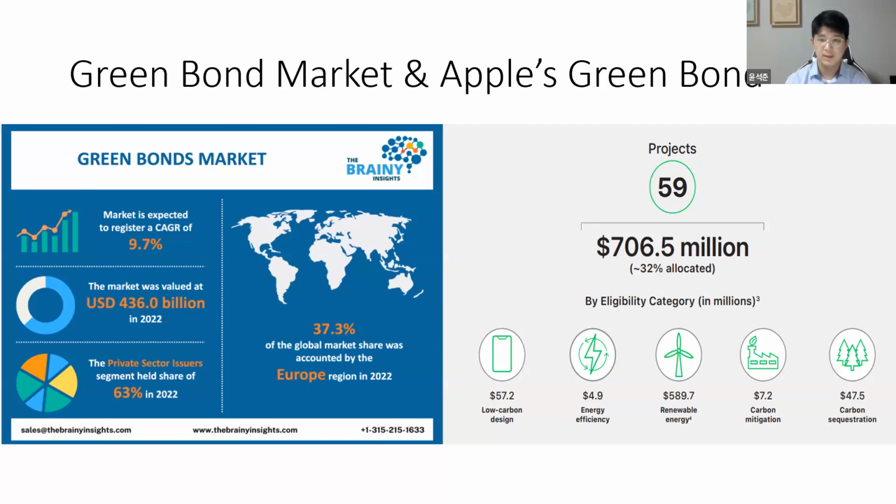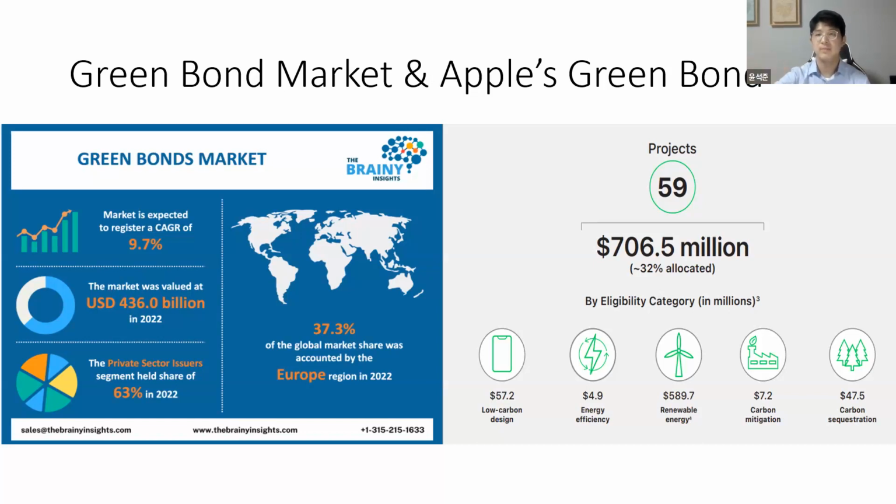The reason why I chose Apple's green bond in particular is because Apple was one of the first technology companies to issue a green bond, in 2016. They issued their second bond in 2017, and now they have issued another green bond in 2019, which is still allocating right now.